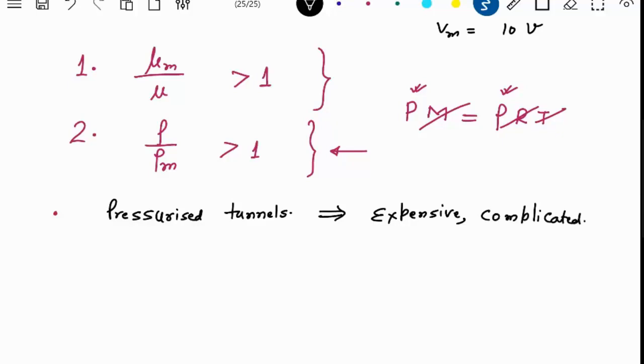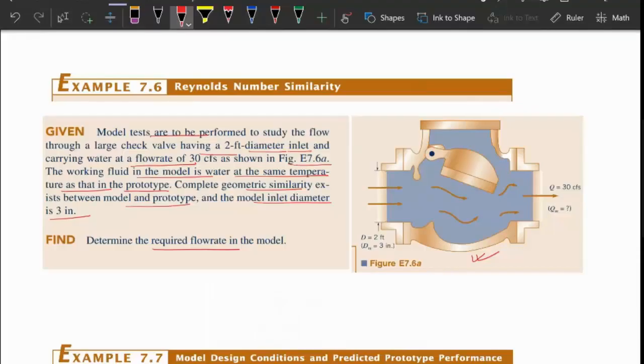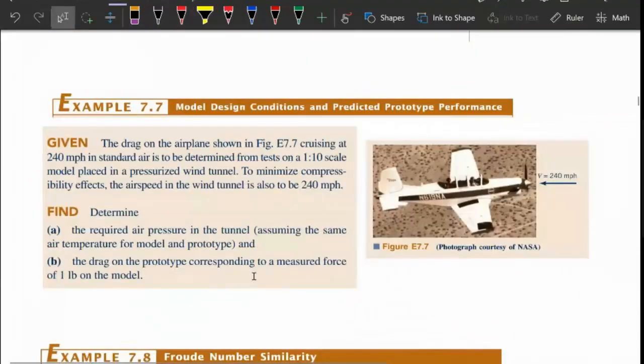We will do one example to illustrate whatever we have said here. So now this says the drag on an airplane shown in this figure, and this is moving at a speed of 240 miles per hour, in standard air.